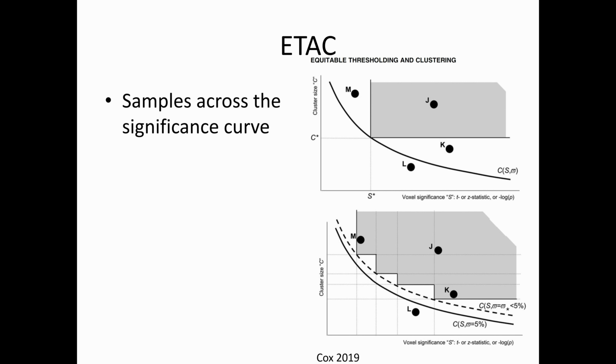But I guess the question for the community is, some people could either set a very stringent per voxel threshold of 0.001, so it's very stringent, right? So a lot of people, they do that on their data, they'll have 0 results, right?